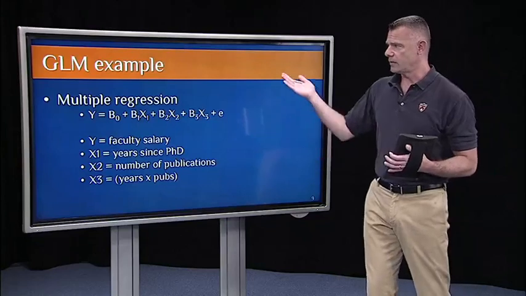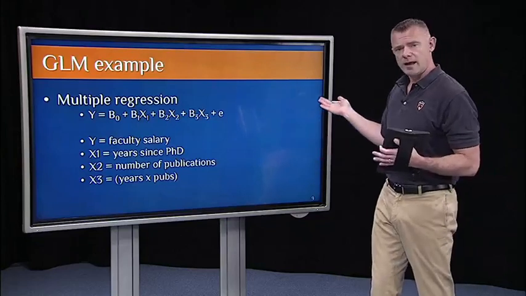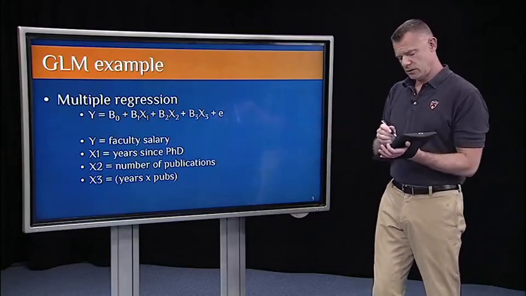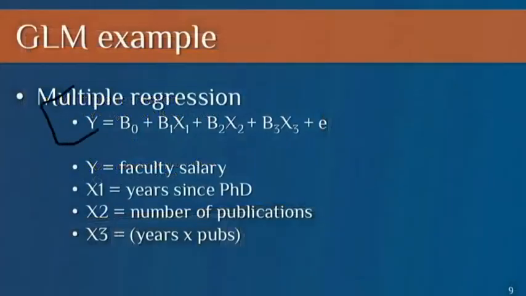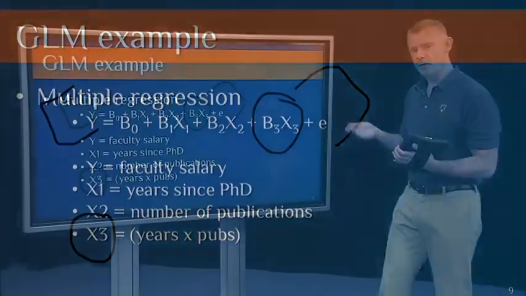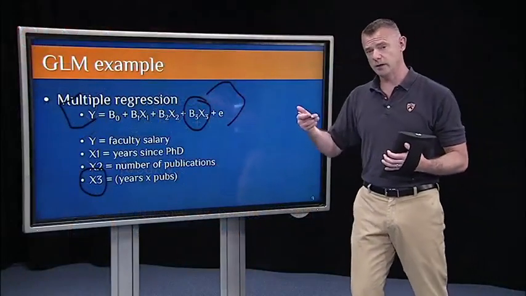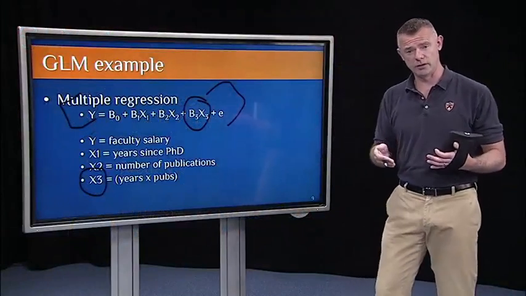But this is a way that the GLM can handle testing non-additive effects. Notice the GLM, the equation itself, is still linear and additive, but I'm tricking it by throwing in X3, a non-additive effect. So that's how it accommodates these things, and that's what we're going to do next week when we talk about moderation analysis.